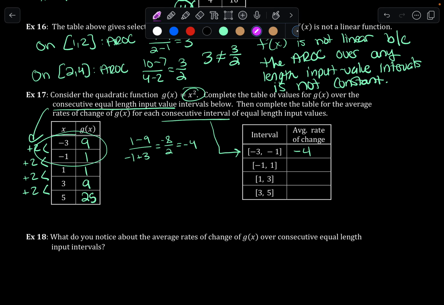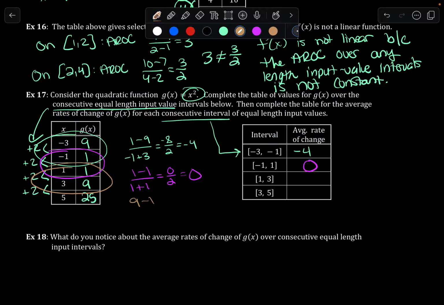So we'll plug in -4 into that first box. All right, next we'll switch to pink. So now we're going to take the average rate of change between these 2 points. It'll be 1 minus 1 divided by 1 plus 1, which is going to be 0/2, which is equal to 0. So we'll go ahead and plug that in. The next interval is going to be these 2.